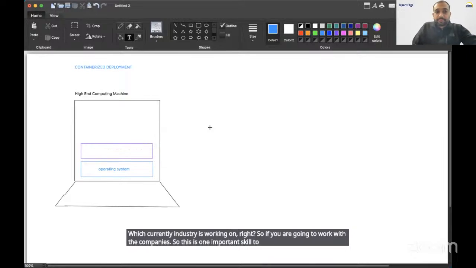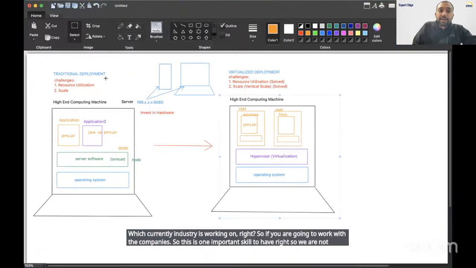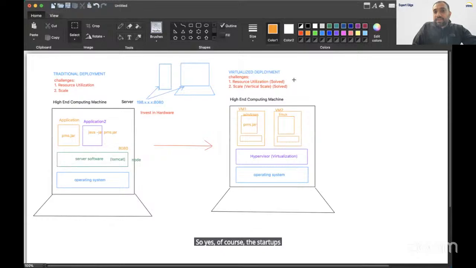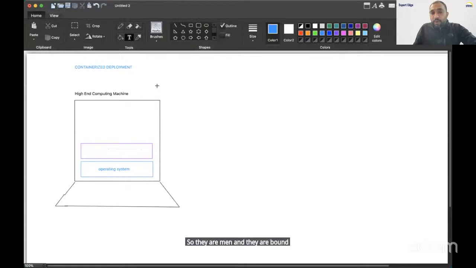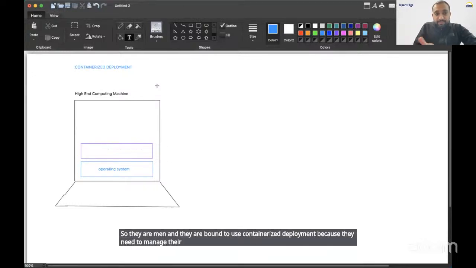We are not as of now working in the traditional deployment era or the virtualized deployment era. Yes, of course, startups use virtualized deployment concepts. But when it comes to MNCs or enterprise companies, they are bound to use containerized deployment because they need to manage their scalability concerns with ease.